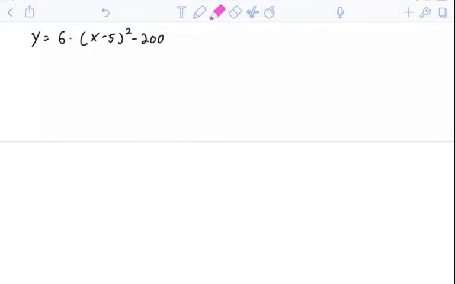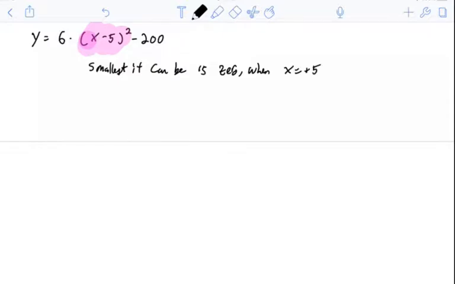So, this term here is always positive. The smallest it can get is 0 when x is equal to plus 5. Okay? Now, this whole first term is always a positive number.